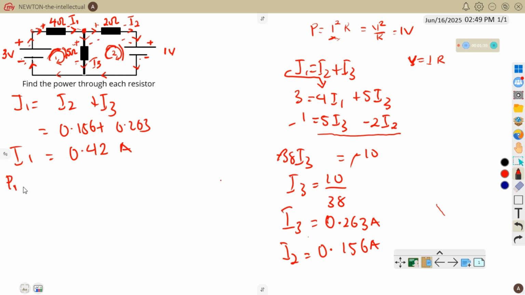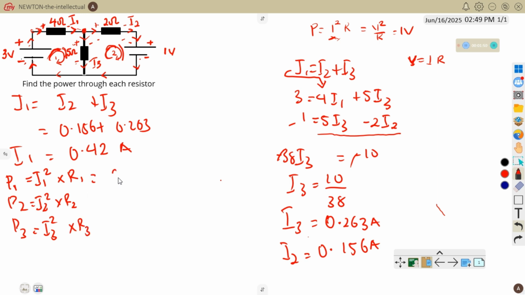So I'm going to say P1 represents the power that is dissipated in the first resistor, which is the 4 ohm resistor, and is equal to I1 squared multiplied by R1. Then P2 will be equal to I2 squared multiplied by R2. Then we have P3, I3 squared multiplied by R3.